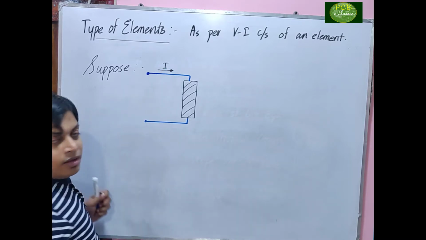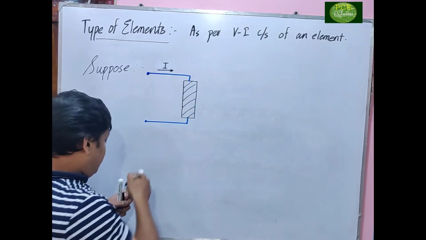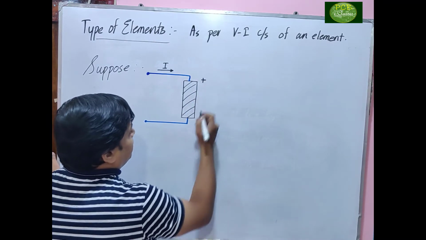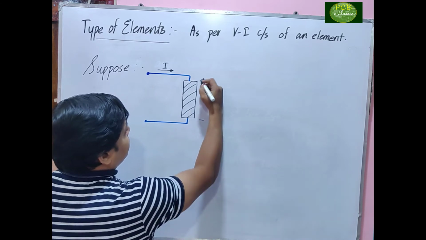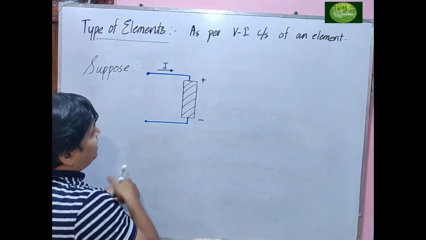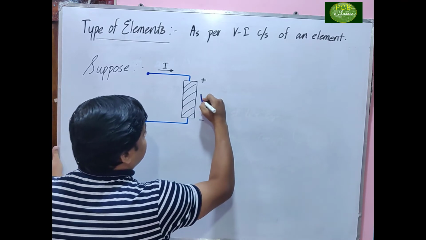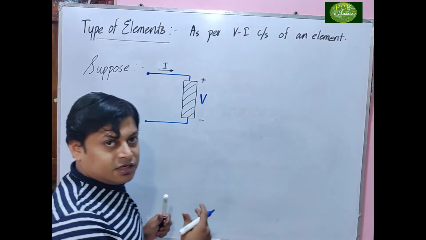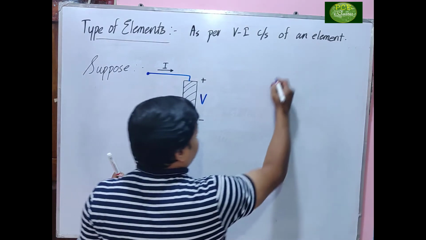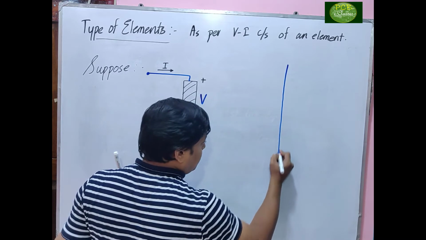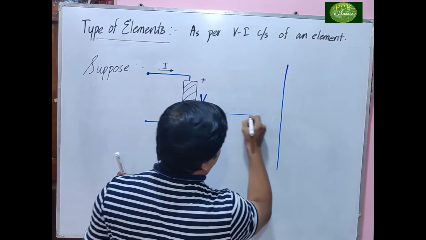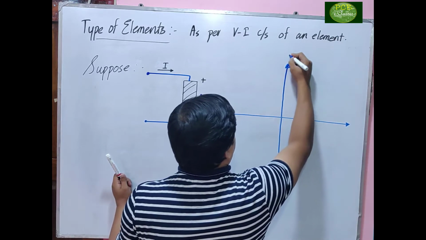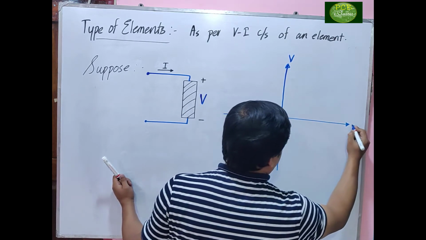As soon as it enters this element, its polarity will be positive, and at the other end its polarity will be negative, and this will be said as voltage across the element. So we are finding out the VI characteristic. Let us take this one as V, this is the I.